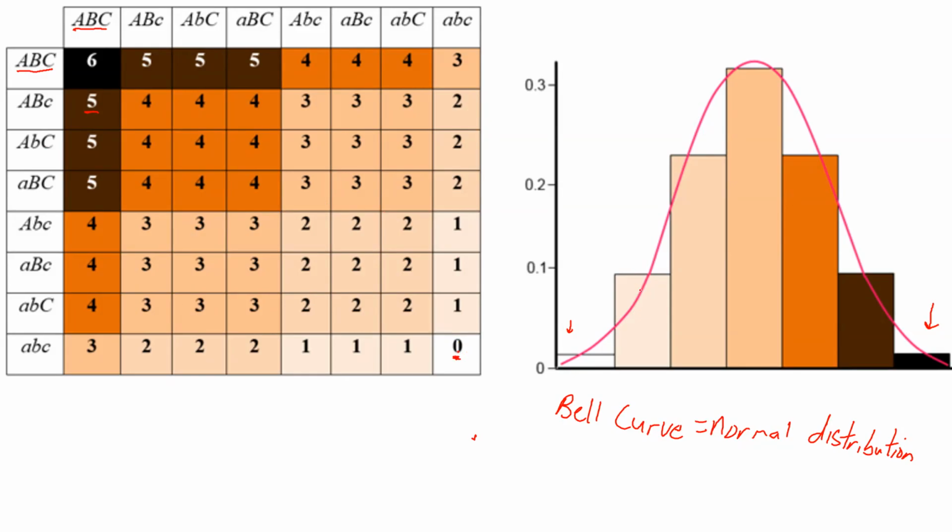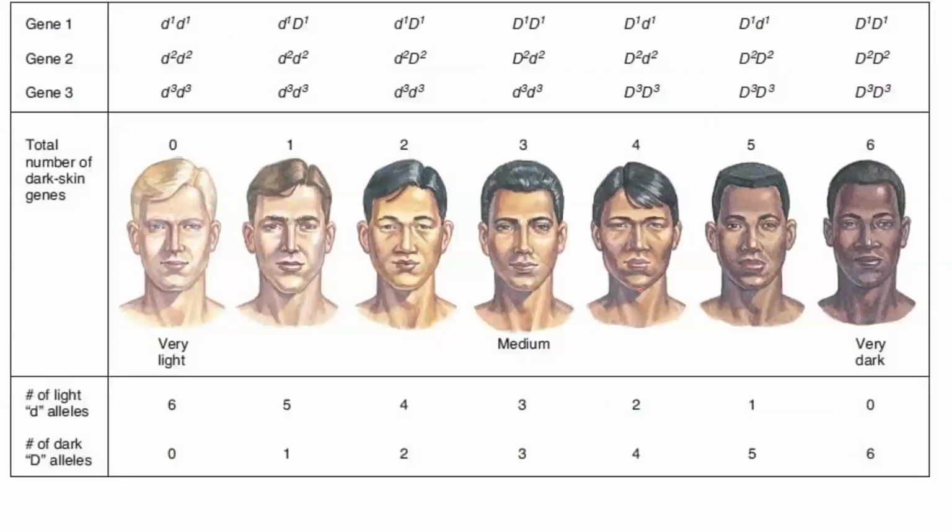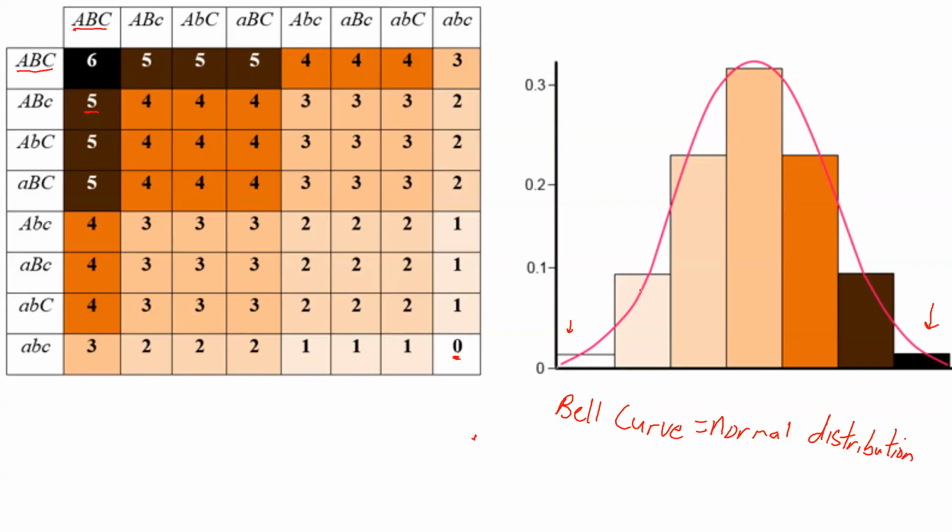Now, what this chart hopefully suggests to you, I'm hoping you can see a couple of things that are impossible here. So let's see if this makes sense to you.